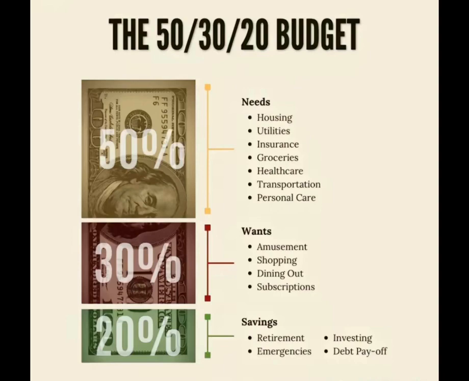I want to mention the things. It needs to go into your housing, it needs to go into utilities like your electricity and your water, and it needs to go into insurance. You need home insurance because, hey man, we live in a cold world. Groceries, which are a nightmare in this day and age because everything costs an arm and a leg.